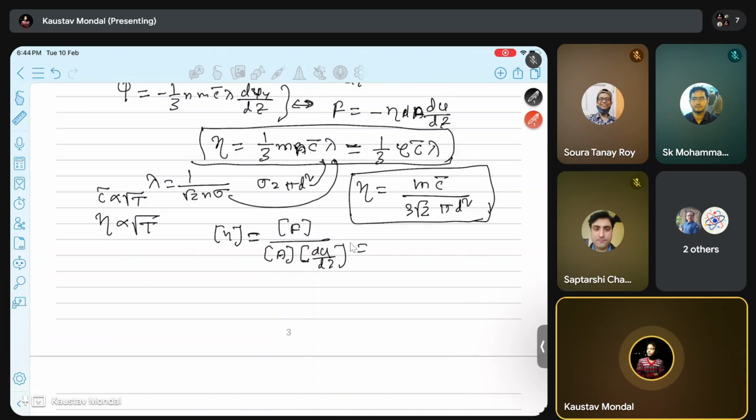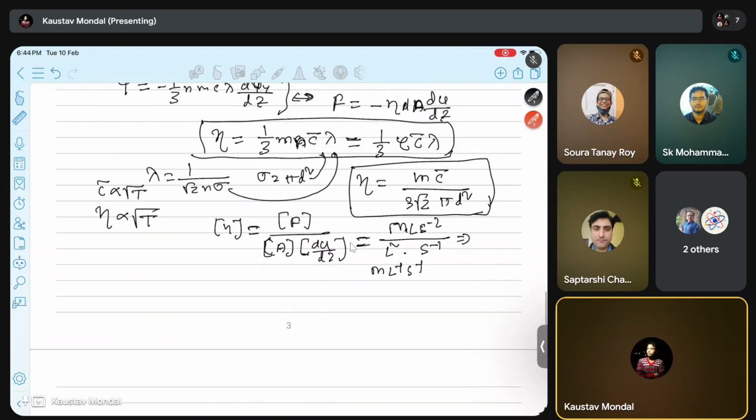If you substitute the dimensions of the force, the area, and the velocity gradient, the expression would be M L inverse T inverse.